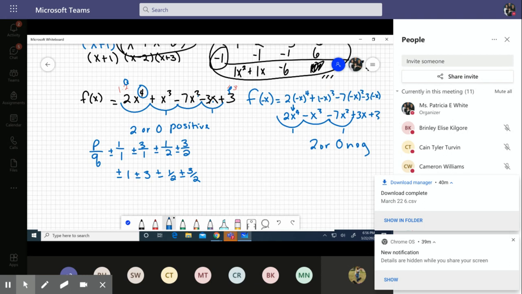So if I have 2 times 1 to the 4th plus 1 to the 3rd minus 7 times 1 squared minus 3 times 1 plus 3, I've got 2 plus 1 minus 7 minus 3 plus 3. I think that's going to give me a negative 4. All right, so 1 doesn't work.